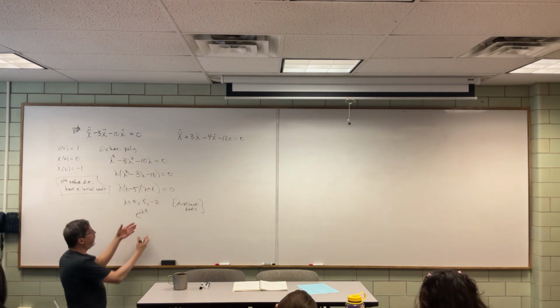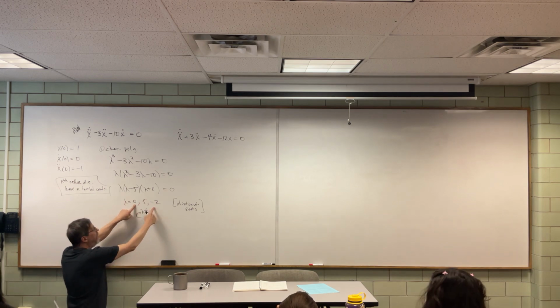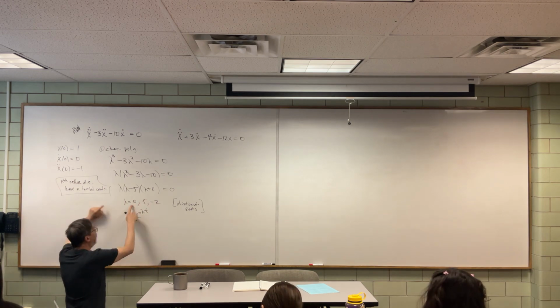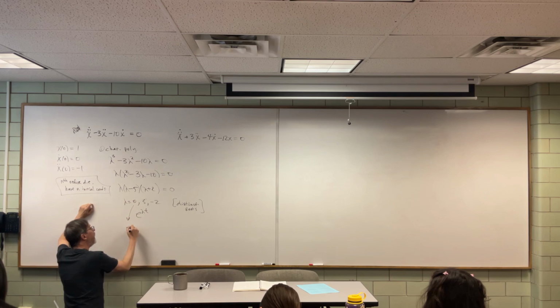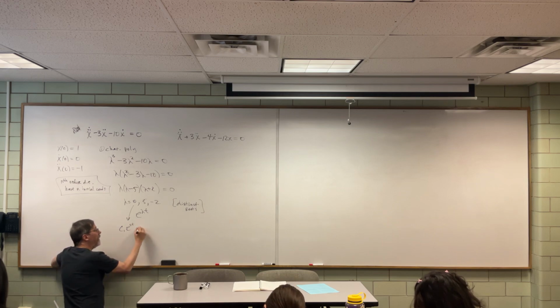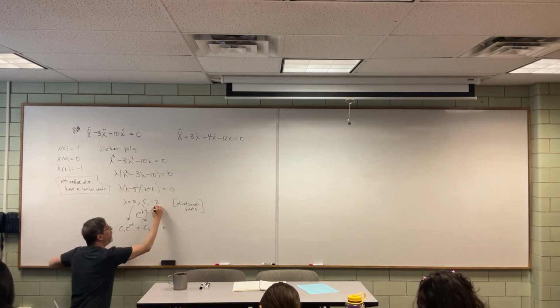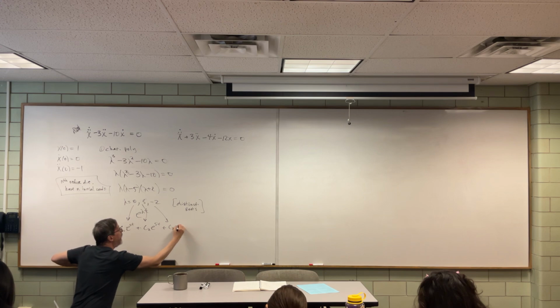When that's the case, what I'm doing right here, associating each one with a power of e, is exactly what you should do. So this one here corresponds to e to the 0t. And I'm going to slap a c1 in front of it. Then the next one is c2 e to the 5t. And then c3 e to the negative 2t.